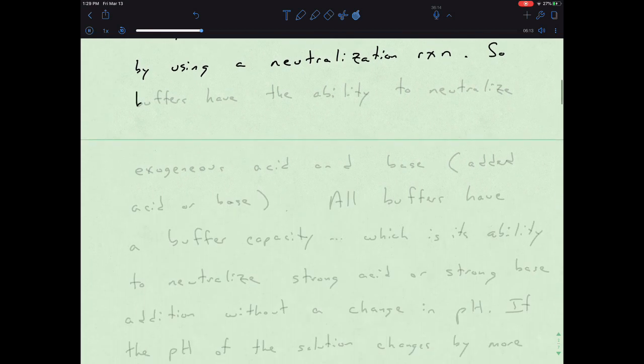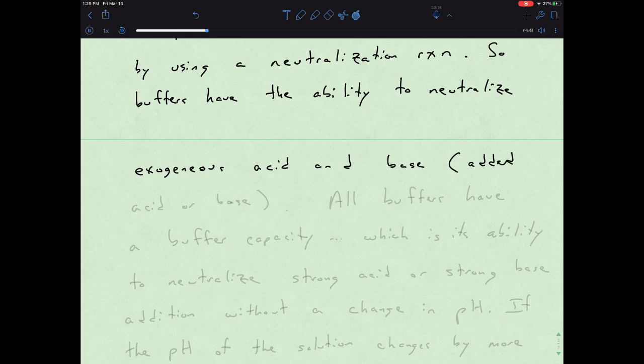That means that buffers have the ability to neutralize exogenous acid and base. As far as exogenous, it just means this added acid or base.